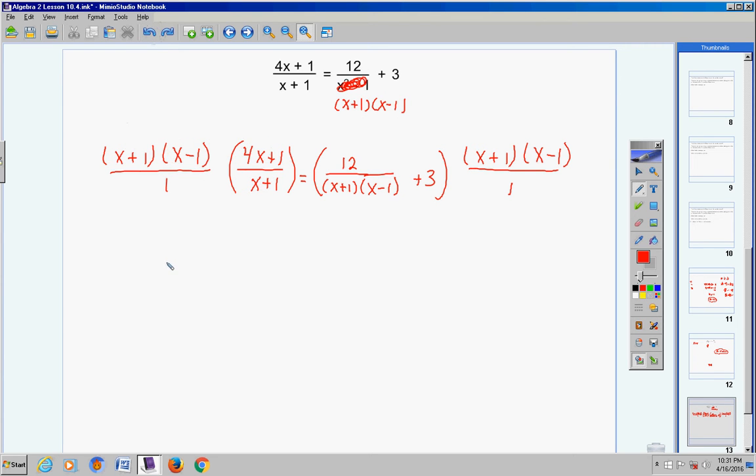So I'm going to put x negative 1 times 4x plus 1 equals. Now I'm going to multiply this fraction here times this fraction here. This will cancel with this, leaving you with 12 times 1, which is 12.